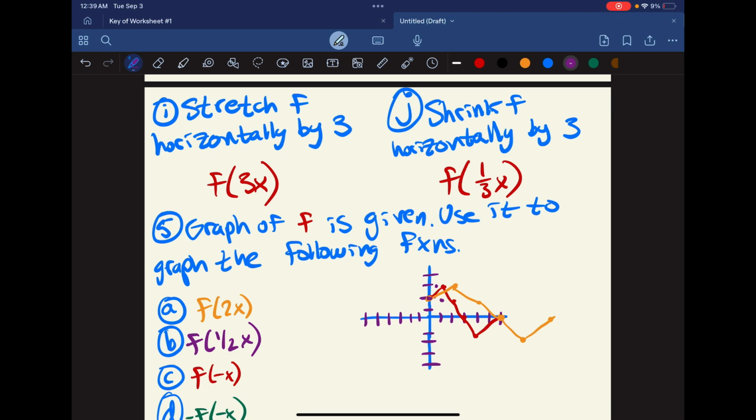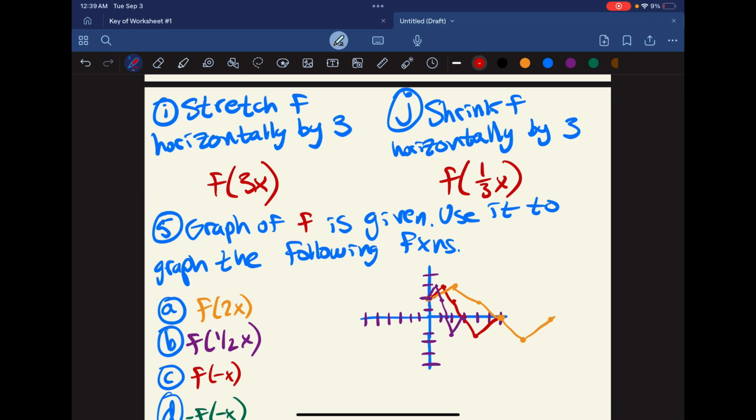We would also start at the same point. This is 3, so that would go here. 4 would become 2. And what is this? 6. 1, 2, 3, 4, 5, 6. 6 would become 3. So we would be left with something like that.